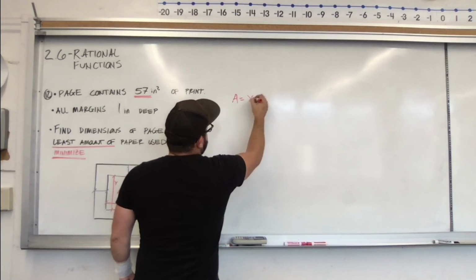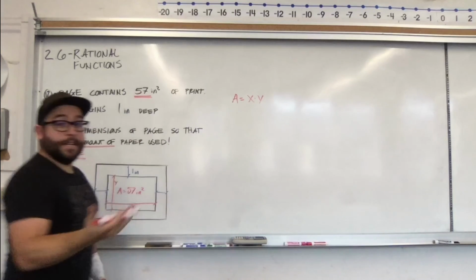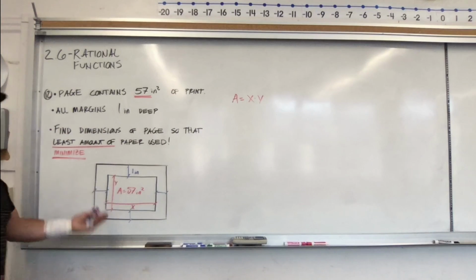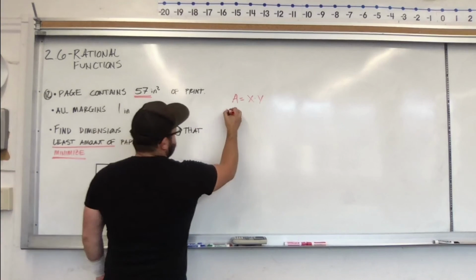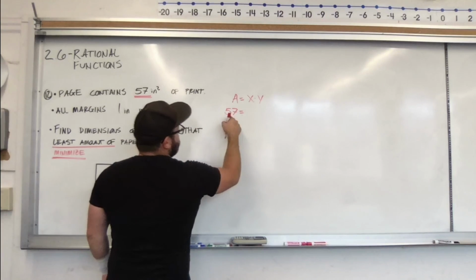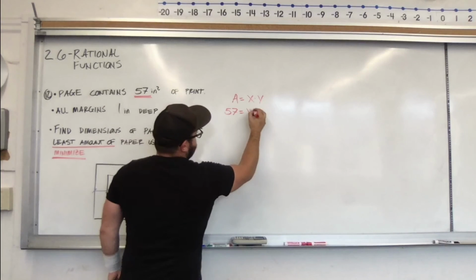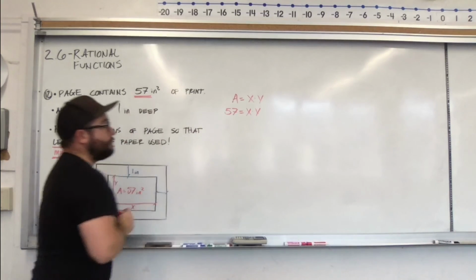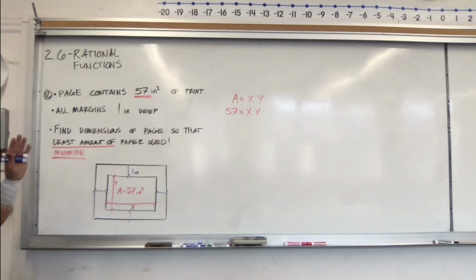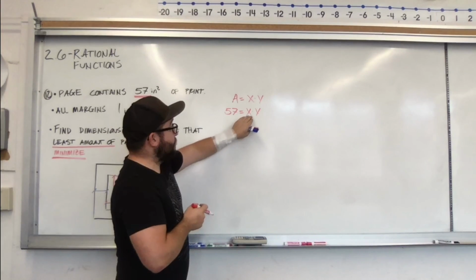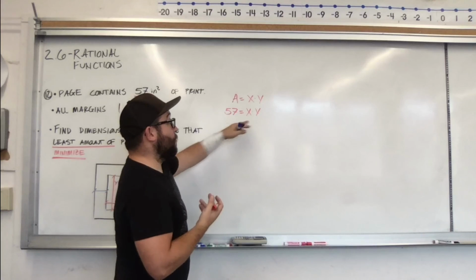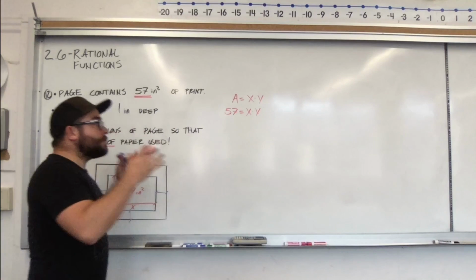I know the area of any rectangular page is just x times y, right? But I'm also given what that area is, which is 57 inches squared. So I know that for now, and I'll leave it be. I don't think there's much I could do. I could get x by itself and divide by y, or I can get y by itself and divide by x. So we'll see what else I can do.